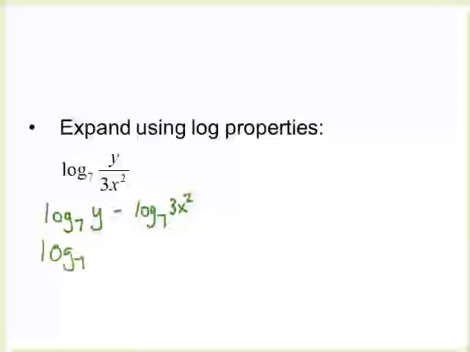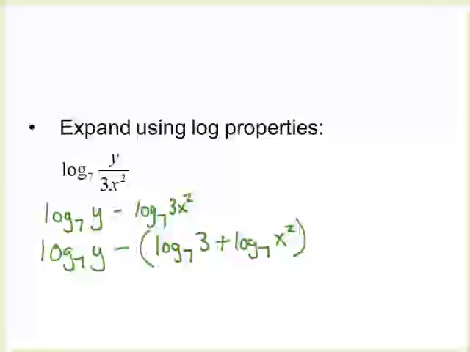Now when we do that, we are subtracting everything after that minus sign, so I need some parentheses when I separate it. We're going to need to distribute that negative because we're subtracting everything after that minus sign. So when I split up the 3 and the x squared by addition, I really need to distribute that negative through. So everything's going to be subtracted there.